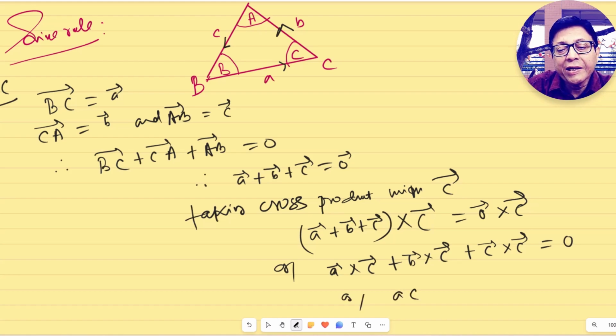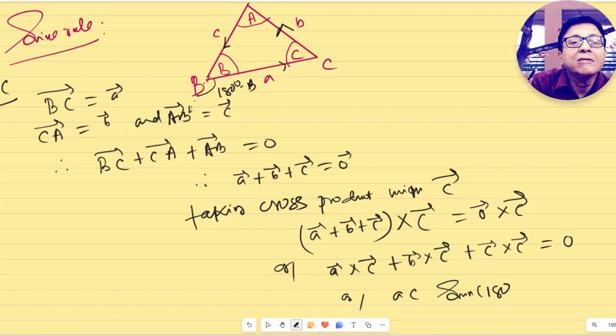So, (A plus B plus C) cross C. In the case of the dot product, we had taken the dot product with C. Here, the cross product with C. So, this is going to be A cross C plus B cross C plus C cross C equal to 0. Now A cross C is what? A cross C will be AC.